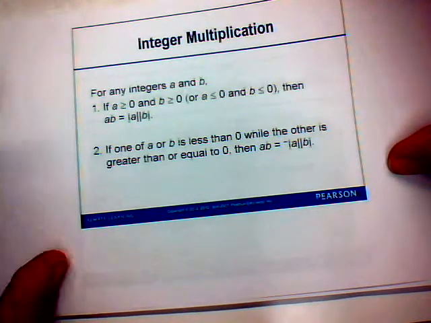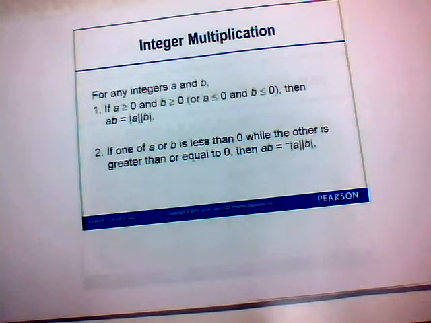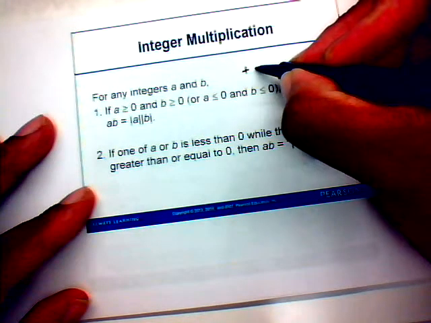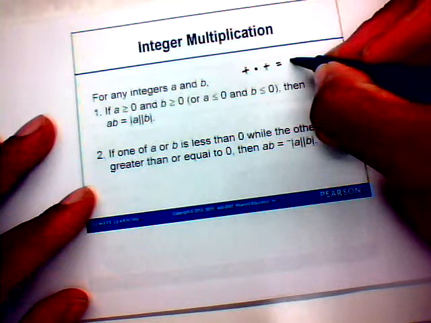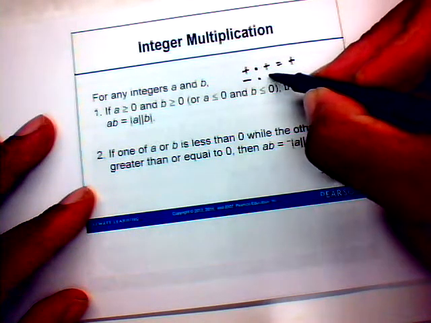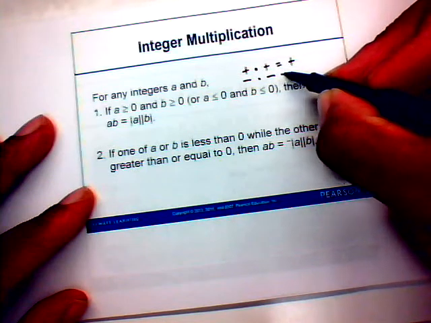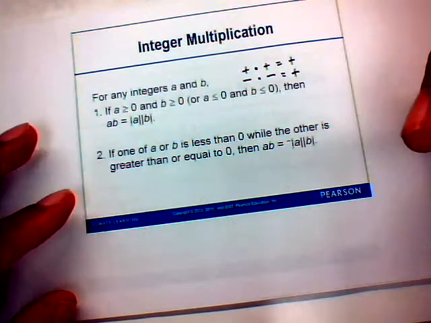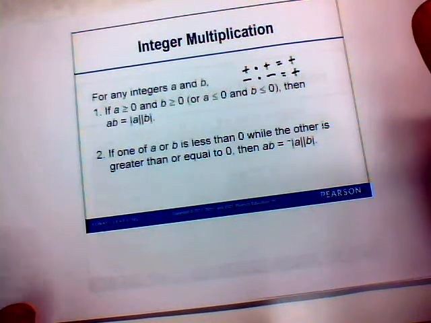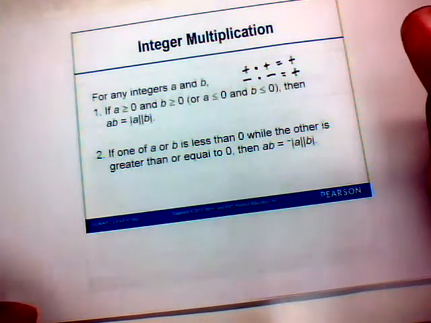A positive times a positive equals a positive, and negative times negative is also equal to positive, because if you multiply two integers that have the same sign, the answer will be positive.